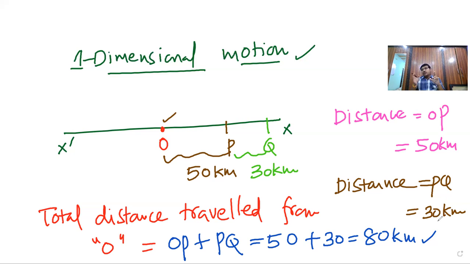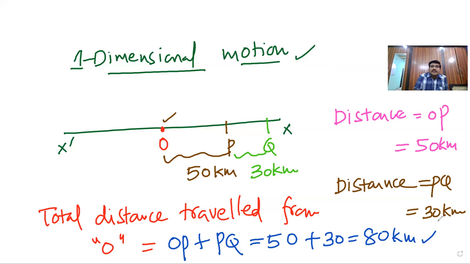Again, from P to Q, the object has traveled a path length of 30 kilometers, hence the PQ distance is 30 kilometers. Now, what is the total path traveled by the object from the reference point origin? OP plus PQ, 50 plus 30, 80 kilometers. Clear? A simple example I have shown.